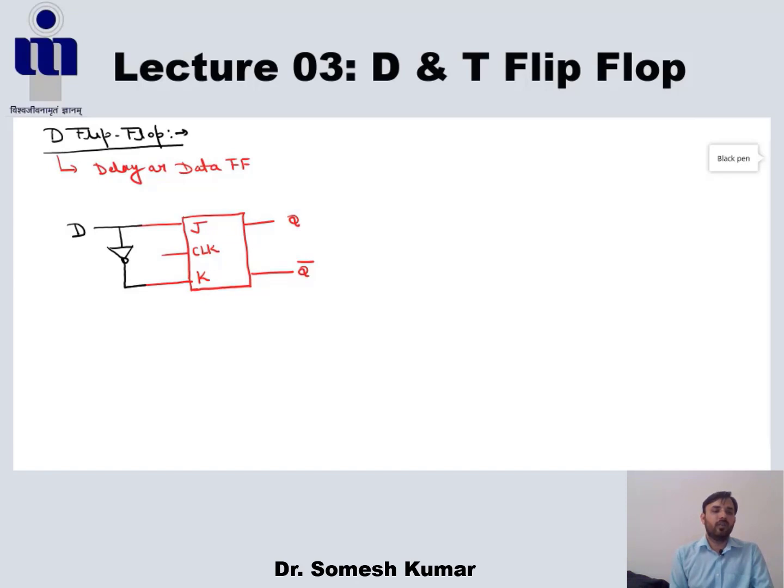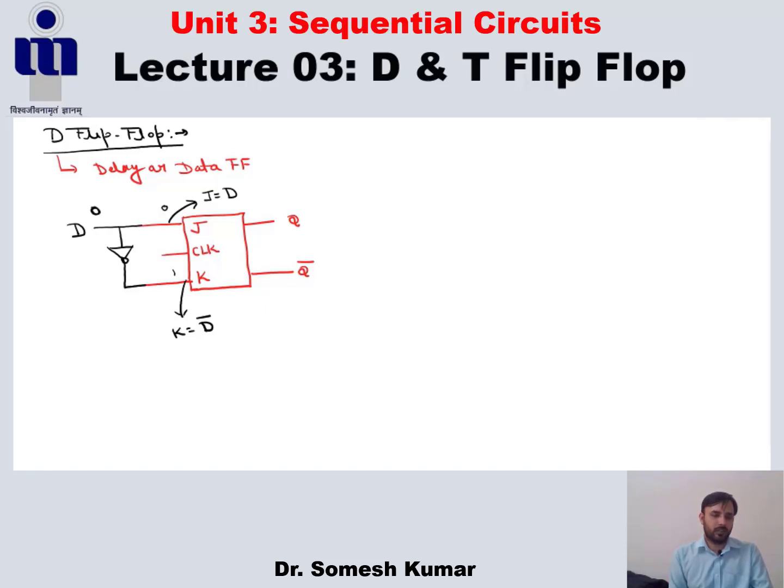Here in the D flip-flop, it is clear that the value of J is equal to D and the value of K is equal to D bar. If D equals 1, then J becomes 1 and K becomes 0. In the other case, when D equals 0, then J becomes 0 and K becomes 1.